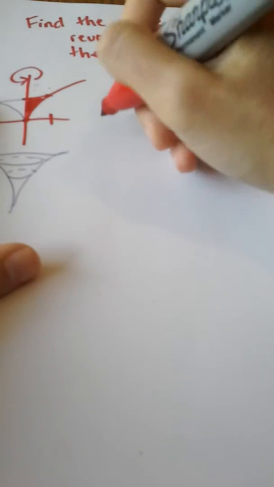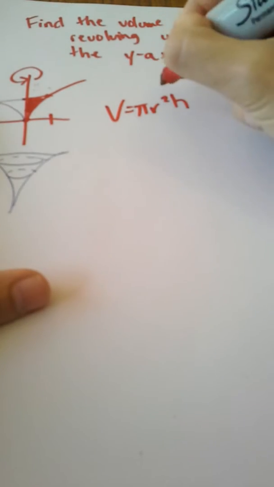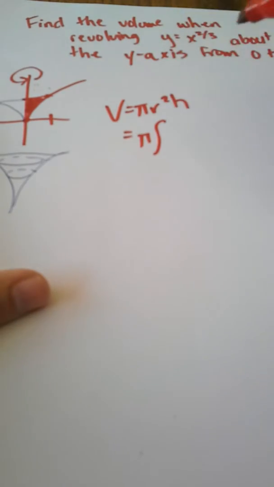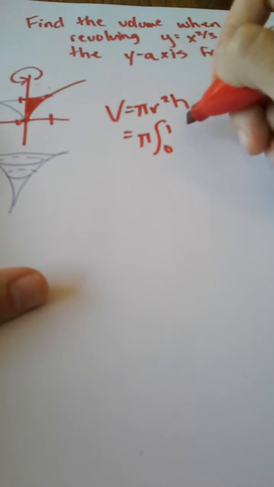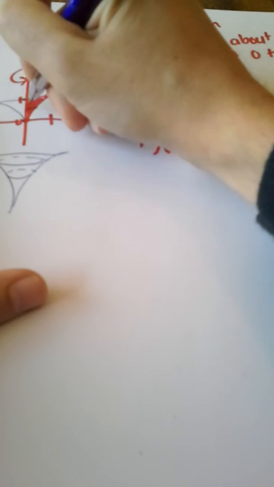If you can visualize it, that's great. That's very helpful. Still going to start with our volume of a cylinder, because that's what we're adding up, infinitely thin cylinders. So the pi is a constant. We're going to integrate from 0 to 1 in the y direction. And when we evaluate this, our radius is going to be given by this distance here.